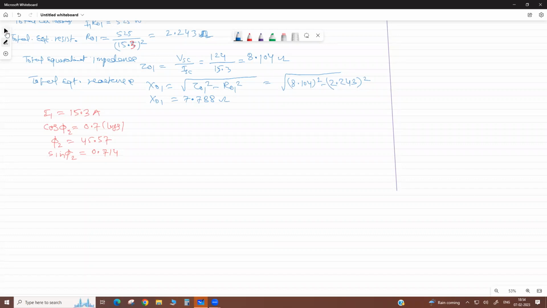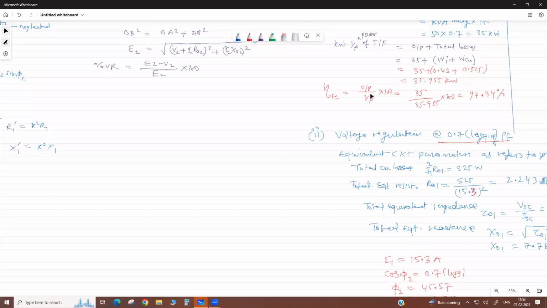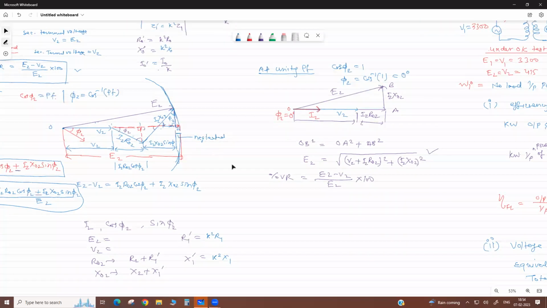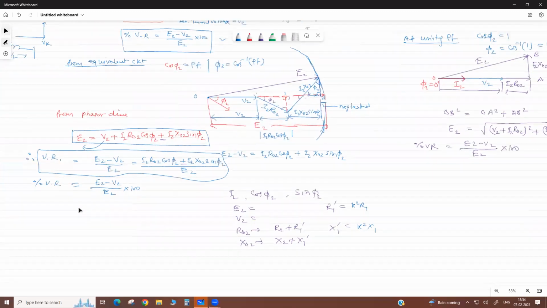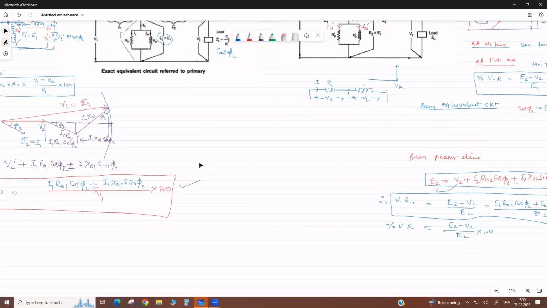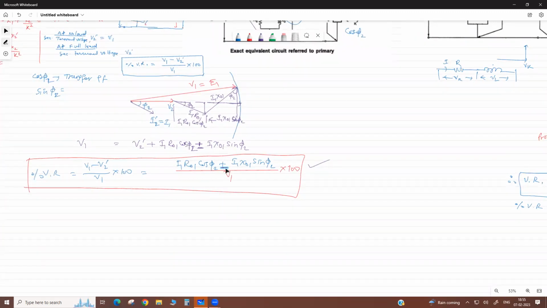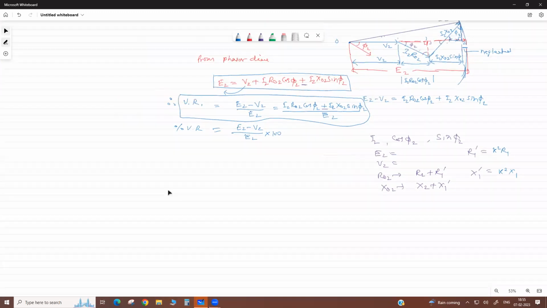Already yesterday we discussed, no? This equation we write here for voltage regulation. It is at unity power factor. This is at lagging power factor. Now for leading power factor, it is as referred to the primary side, and at leading power factor, this sign becomes negative. So this is V1 minus V2. So we calculate V1. Directly you can calculate voltage regulation.